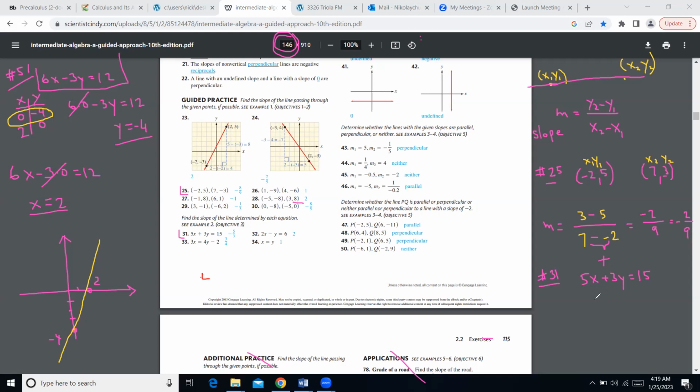What I can do is isolate the letter y. So I'm going to bring that 5x over to the other side, subtract it. So it's going to be -5x, and there will still be plus 15 at the end. And then we'll divide on both sides of my equation by the number 3, just like that.